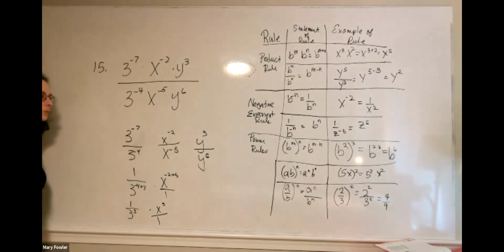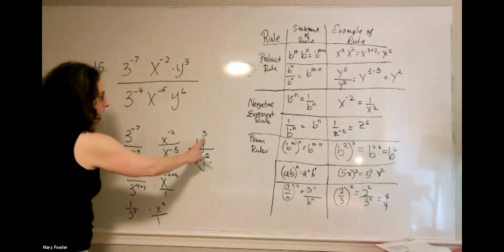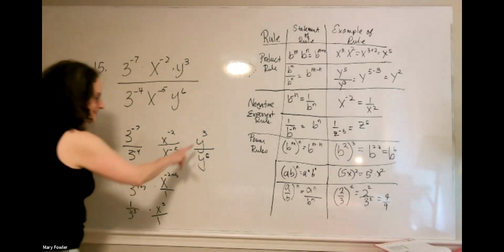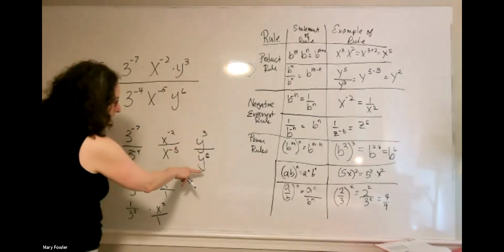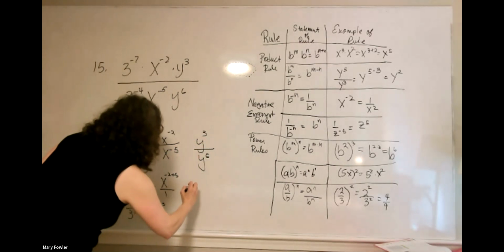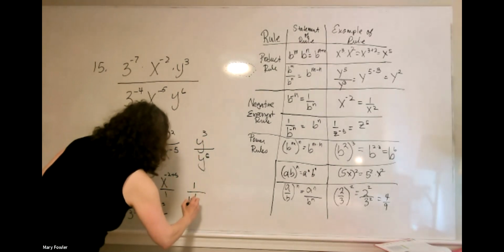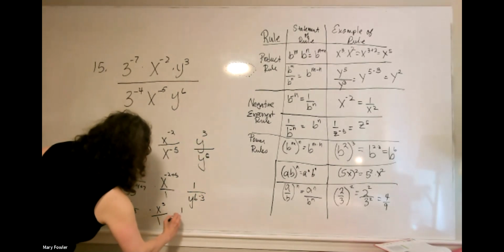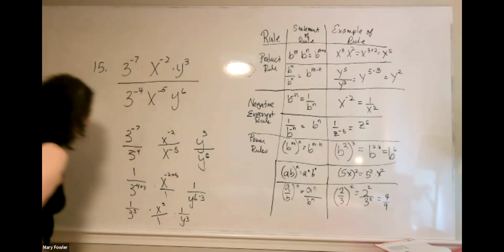And finally, we look at the Y's. Y to the 3rd power over Y to the 6th. Okay, and so if we bring the 3 down, it'll turn into a minus 3. So we have Y to the 6 minus 3. And that cleans up to 1 over Y cubed.